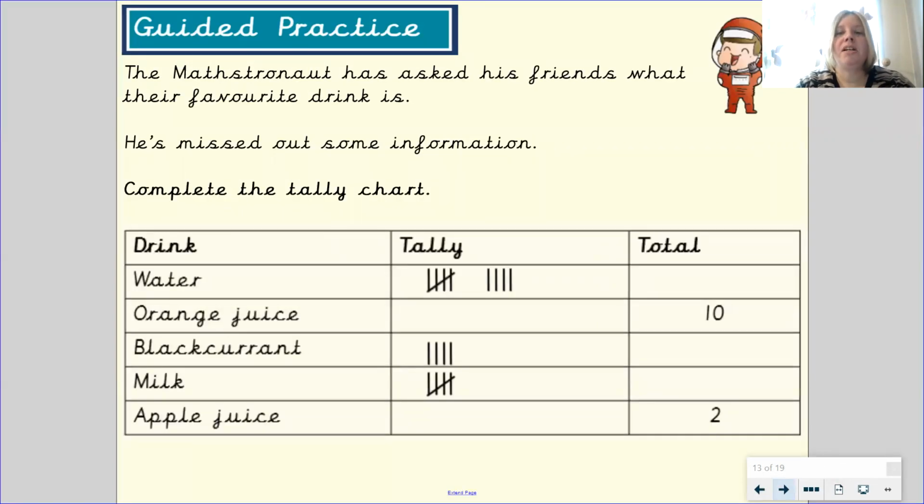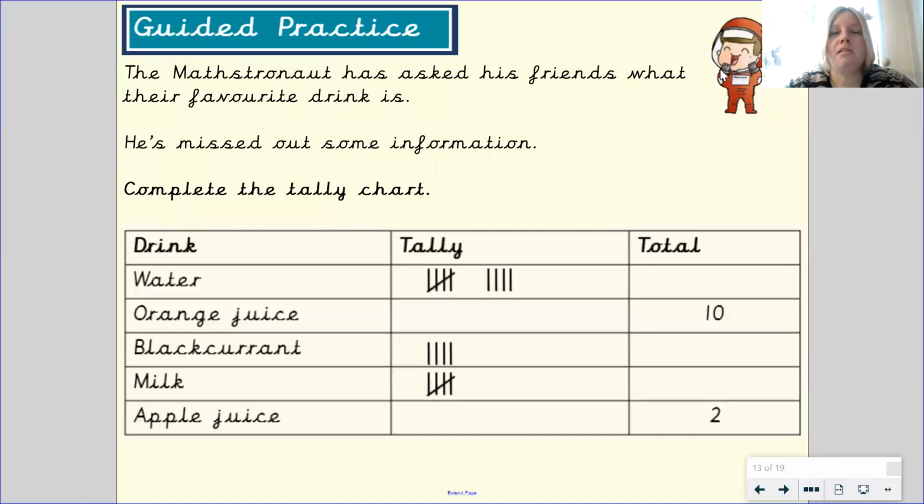The astronaut has asked his friend what their favourite drink is. He's missed out some information. We need to complete the tally chart to show what the astronaut has found out. We're going to start this together.